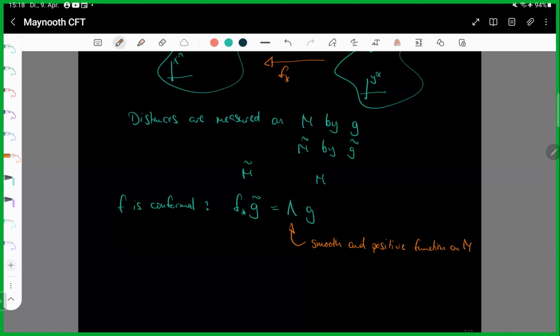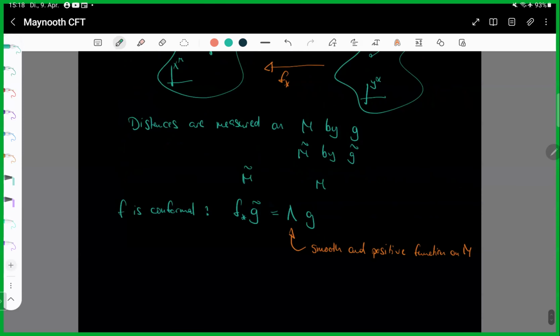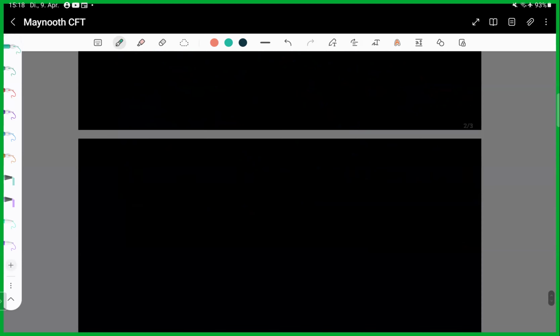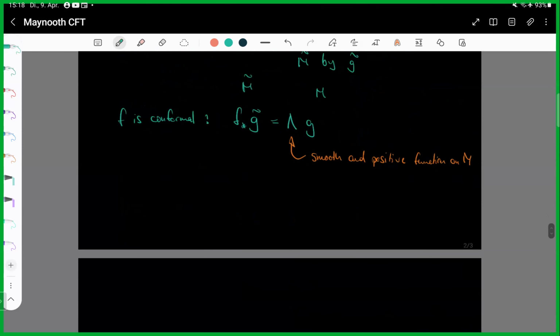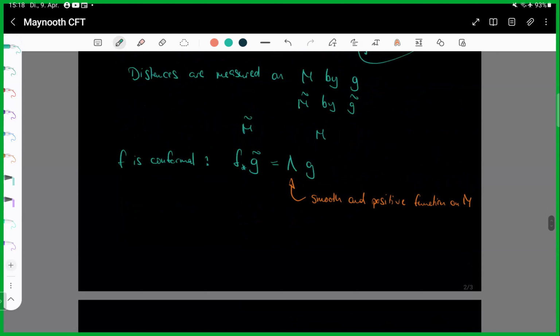Okay, so what that means concretely, so this was very abstract up until now.